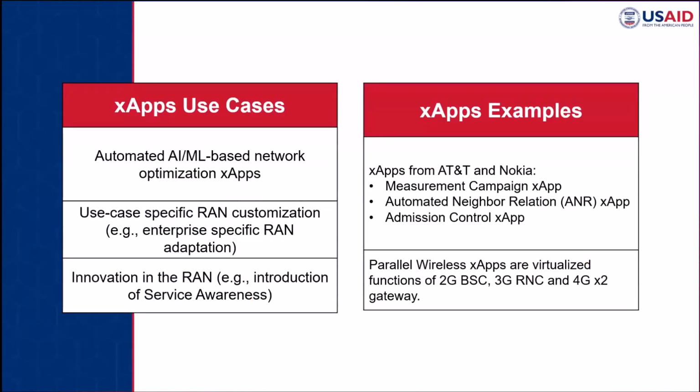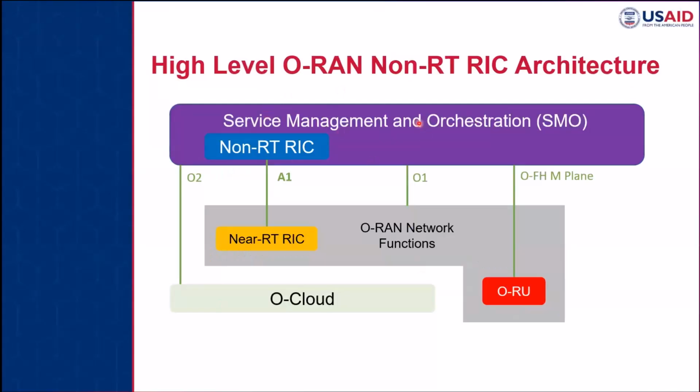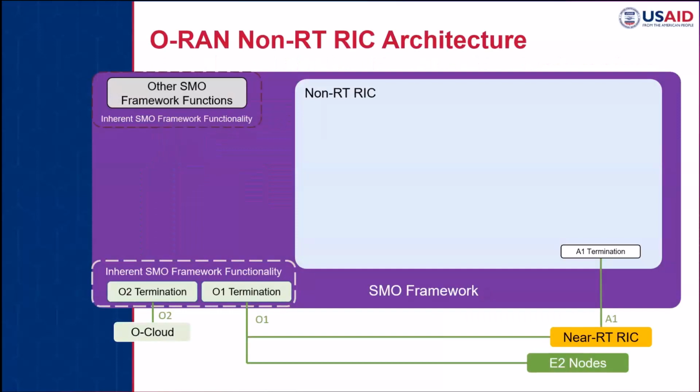So let's see the near real-time RIC architecture. This is a high-level O-RAN non-real-time RIC architecture. It is composed of the other SMO framework functions, the inherent SMO framework functionality. The non-real-time RIC is here.